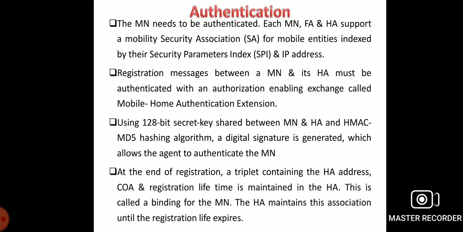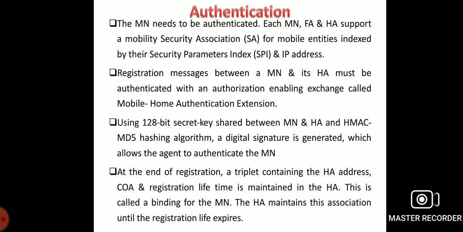Now we can see the authentication purpose. In the authentication procedure, the mobile node needs to be authenticated in another autonomous system. So each mobile node, foreign agent and home agent supports a mobility security association for mobile entities, indexed by the security parameter index and IP address.